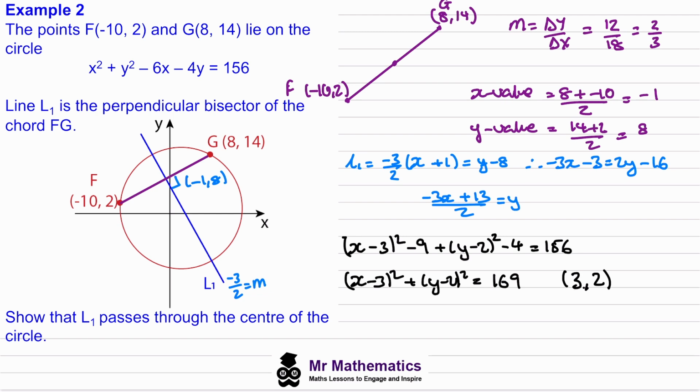Now all we need to do is substitute these two values of x and y into our equation of a line. So substituting this 3 into here, we get (-3 lots of 3 plus 13) all divided by 2 gives us 4, and 4 divided by 2 does give us the y value of 2.